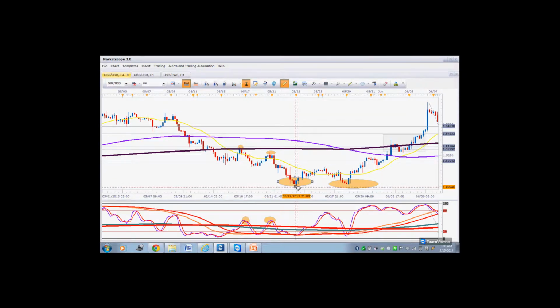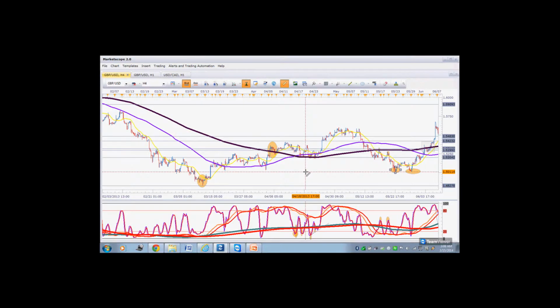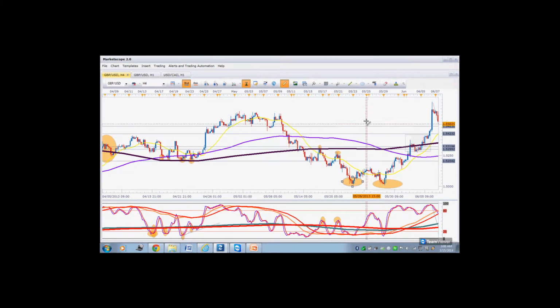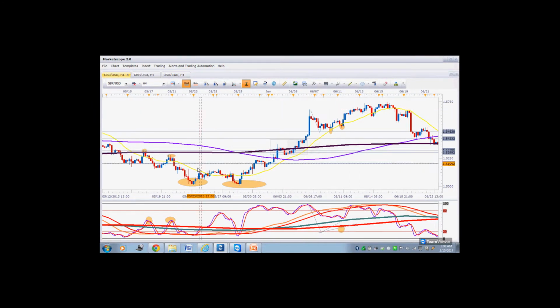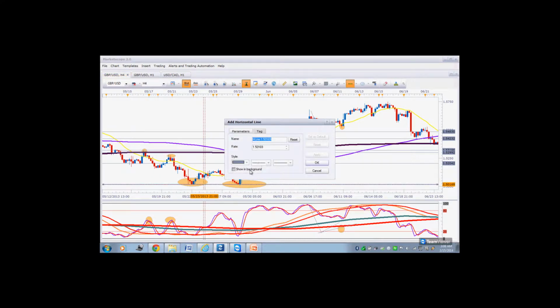Okay, so here price was back near the support area, so we will watch price action. Price was forming a double bottom here, indicating that this level might be the new support.